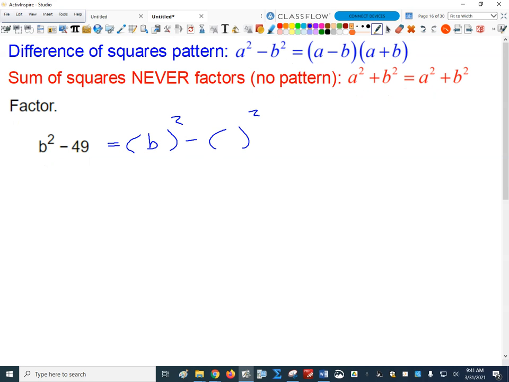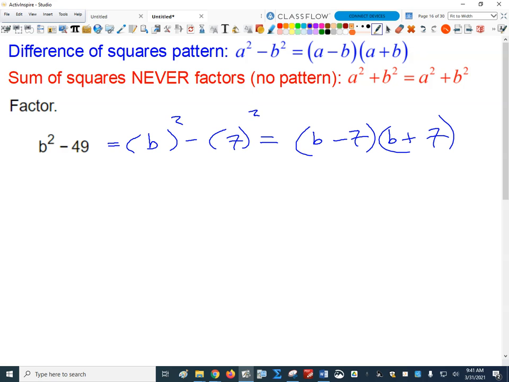That's just b squared. Minus 49 is what squared? 7 squared. Good, that's a perfect square. So if we follow our pattern, what's our pattern tell us? Well, we get the first thing minus the second thing times the first thing plus the second thing. Okay, that's the difference of squares pattern. It's a really easy way to break things apart when it fits that pattern.